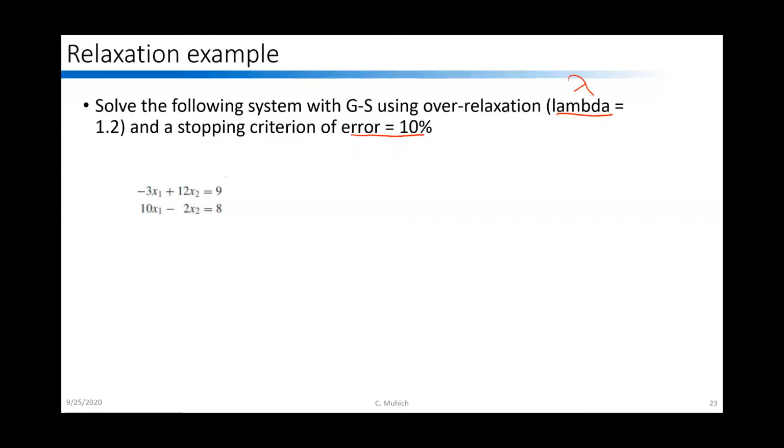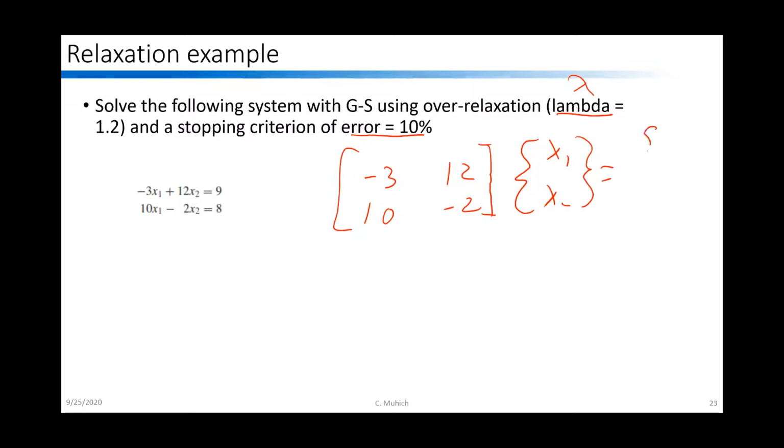I've written out two equations that we're going to use to solve simultaneously. Notice they're not in matrix form, but we can put them into matrix form. So -3, 12, 10, -2, equals 9 and 8. And more importantly, we can rearrange these to isolate x1 and x2 by themselves.